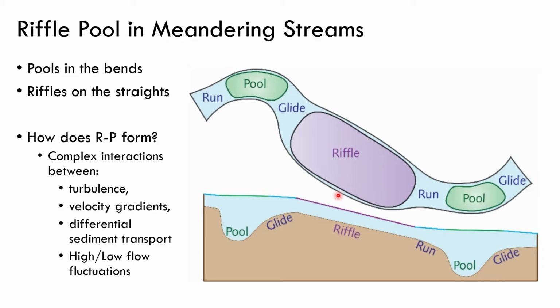Like I said, it's a fairly ubiquitous bed form around the world. And so a lot of research has been poured into how these things form. And the best answer is that it's complicated. There's a lot of things going on. There are some concrete theories out there, but they don't always work in all places.